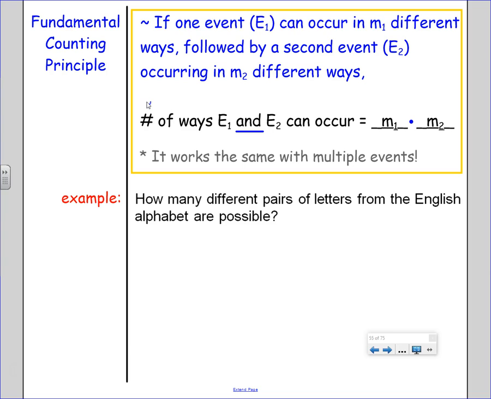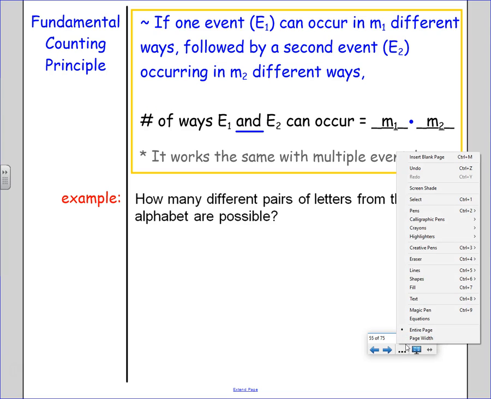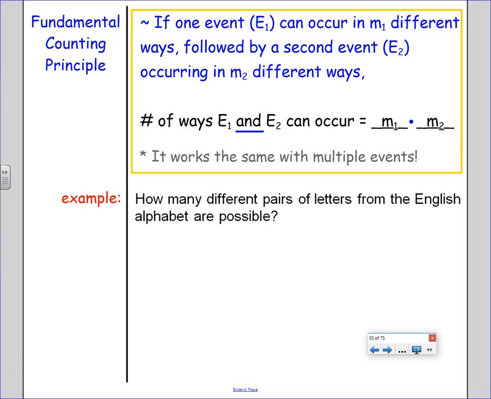If you are a highlighting, starring kind of person, my advice as far as highlighting would be the following: highlight the word and, and highlight the multiplication.